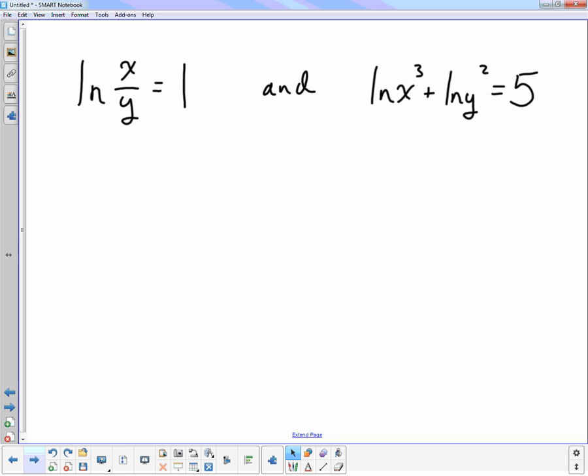Solve for x and y. Simultaneous equations. It's a system. And no, you cannot graph them. Whoa. Yeah, I don't like that either. Okay, I mean, it's not the end of the world, but I don't like it.